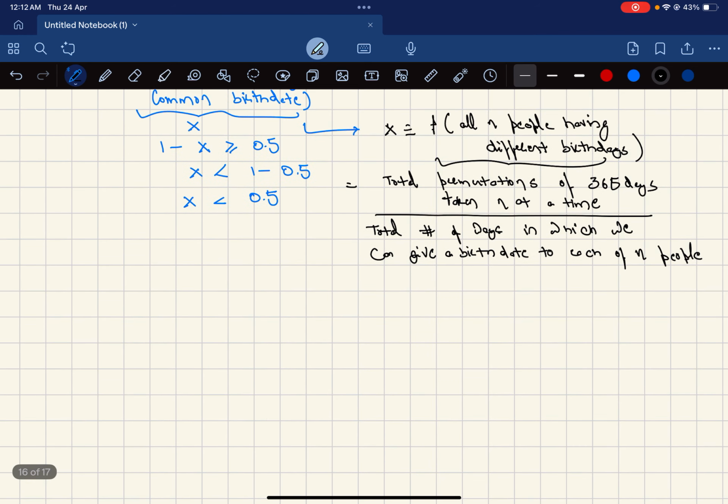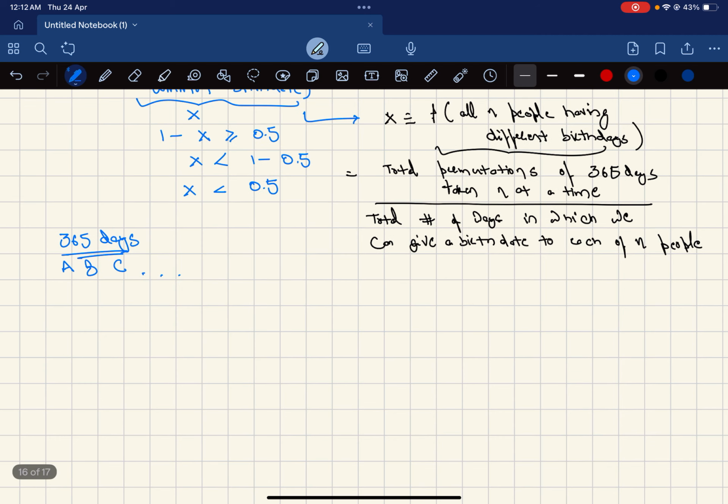So why are we using permutation in the numerator here? Because let us say we have 365 days in total. Let's call these days A, B, C. So A could be 1st Jan, B could be 2nd Jan, C could be 3rd Jan, and so on. We are assuming that there are 365 days, ignoring 29th Feb for now.